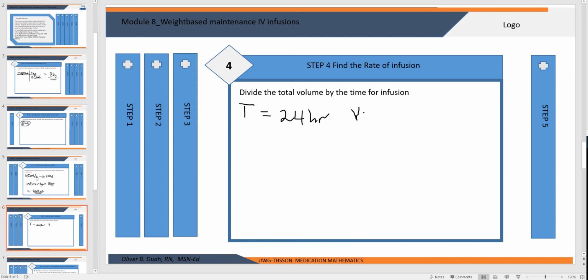Yes, we calculated that to be 800 mL. If our rate is equal to the volume over time, then this implies that 800 divided by 24 will give us our rate.